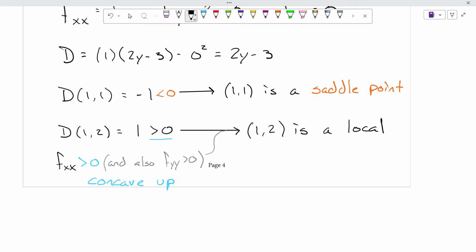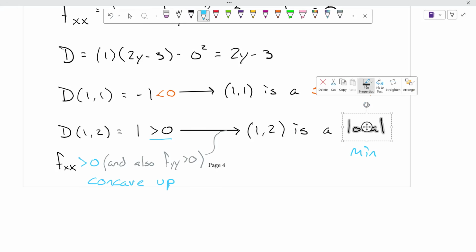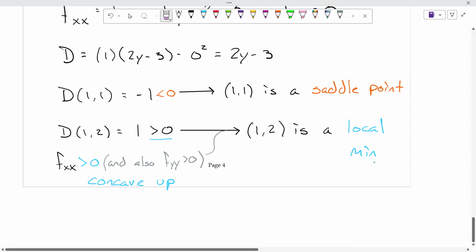But because it is concave up, this thing is a local minimum. Concave up again should be local minimum. I talked about that when we looked at the test. And wouldn't you know it, managed to finish on time.